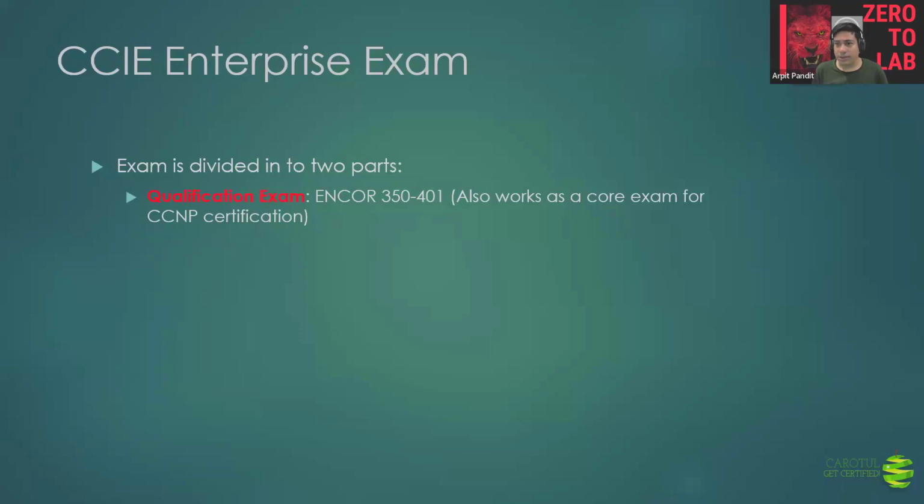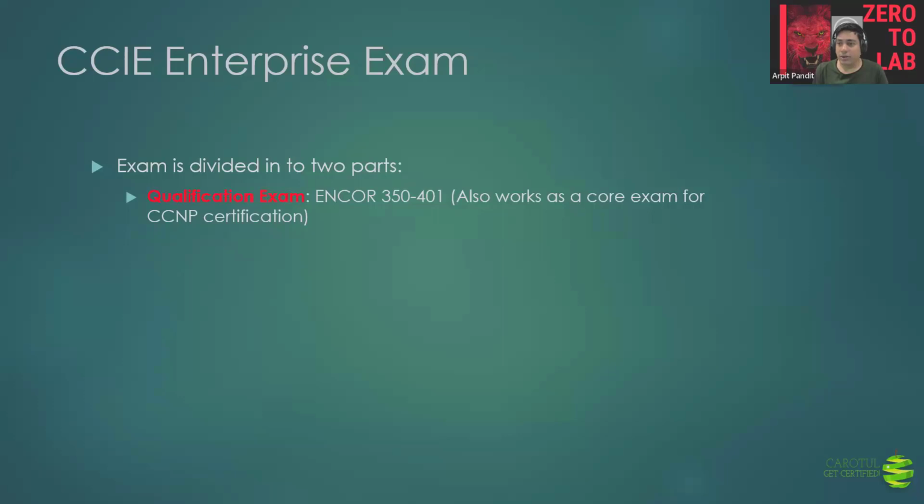So earlier, CCNP was a separate certification. And if you wanted to do CCIE, there used to be a dedicated CCIE written exam, right? But now they actually got rid of it. Instead, you can take the ENCOR exam, which is one of the CCNP certification requirements. You have a requirement of two exams for CCNP certification: one is ENCOR and one is an elective.